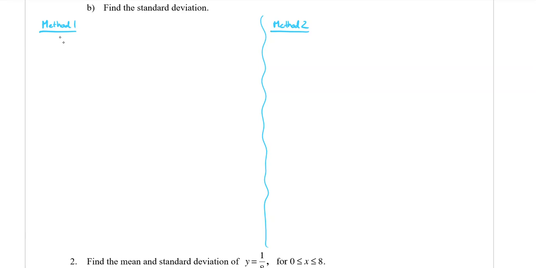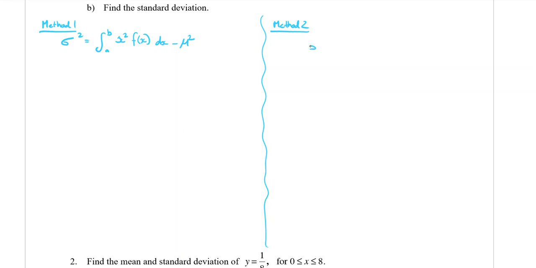You'd choose your favourite and go for it. Okay, so the first formula was sigma squared equals... I'll write it down as a formula first, before I sub into it. So this one: the integral between a and b of x squared f of x dx, minus mu squared.